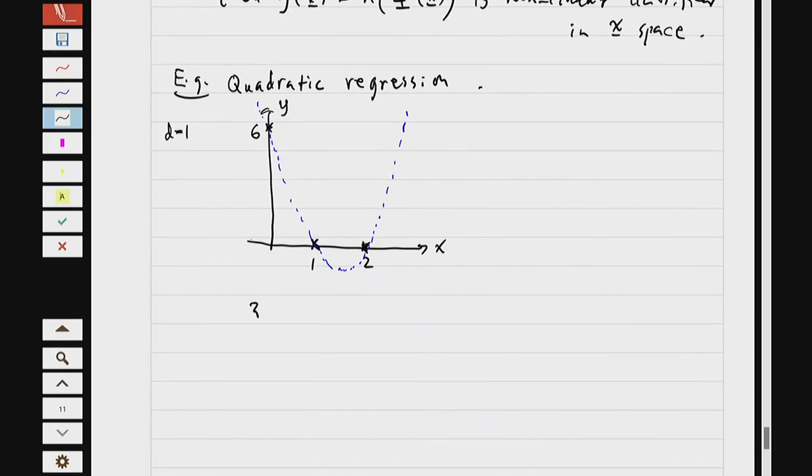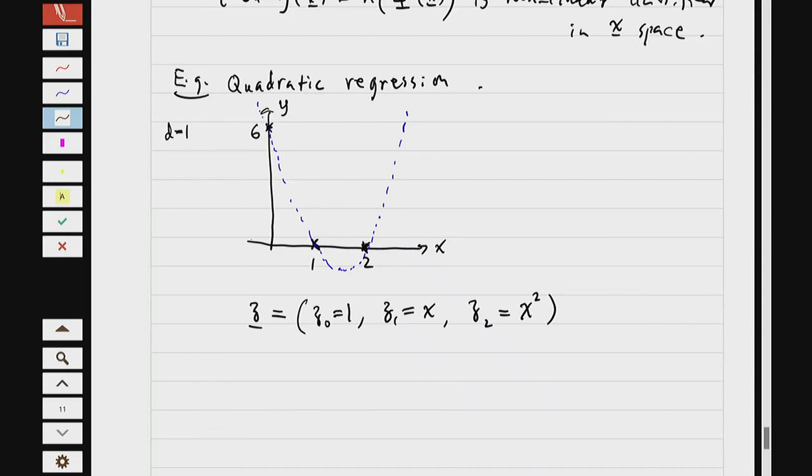The idea is to define this Z, this augmented vector. So Z0 is always equal to 1. I'm going to let Z1 equal X, and then Z2 equals X squared. So that's the trick. This is how I'm going to define the transform. First dimension of Z is X. Second dimension of Z is actually X squared.